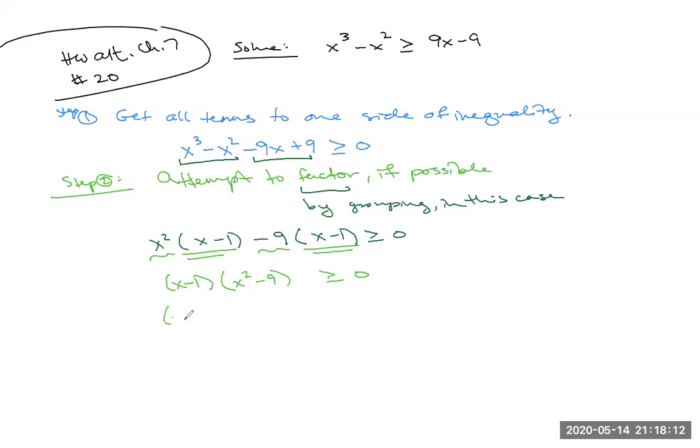Hopefully you can tell that we have a difference of squares in here. This will be x, the quantity squared, minus 3, the quantity squared, which turns into x plus 3, x minus 3.